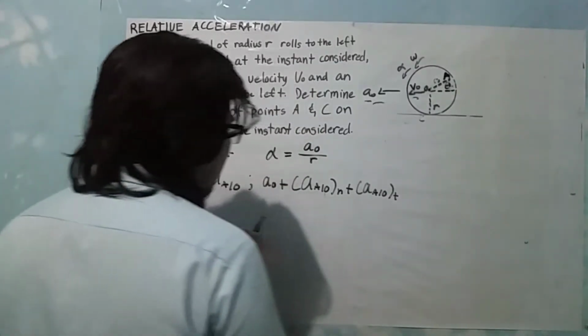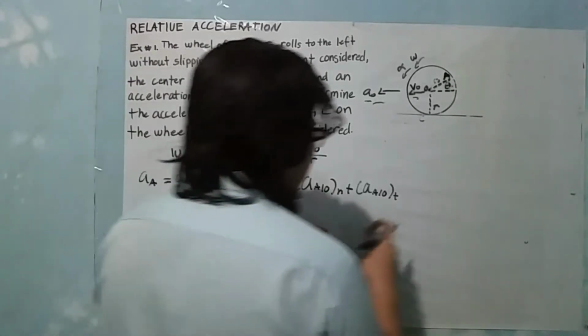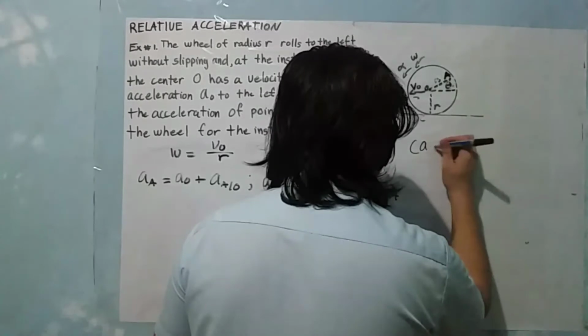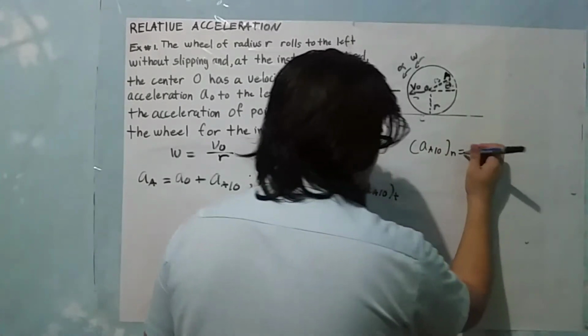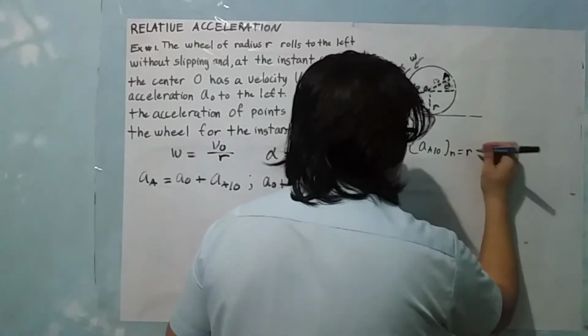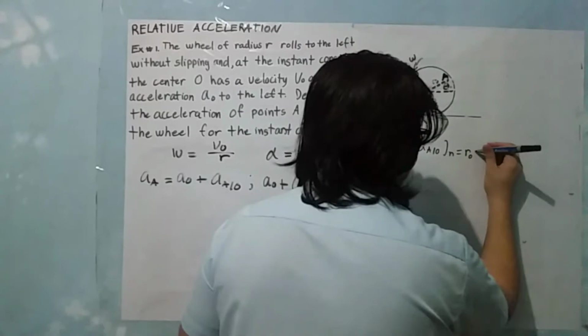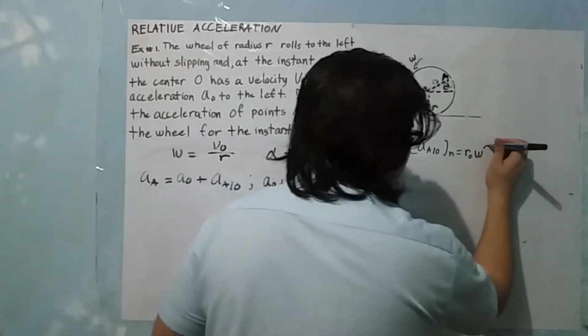Now, we're going to solve for the values of normal and tangential. For the normal, acceleration of A, O, normal, we have r sub 0 multiplied by the angular velocity squared.